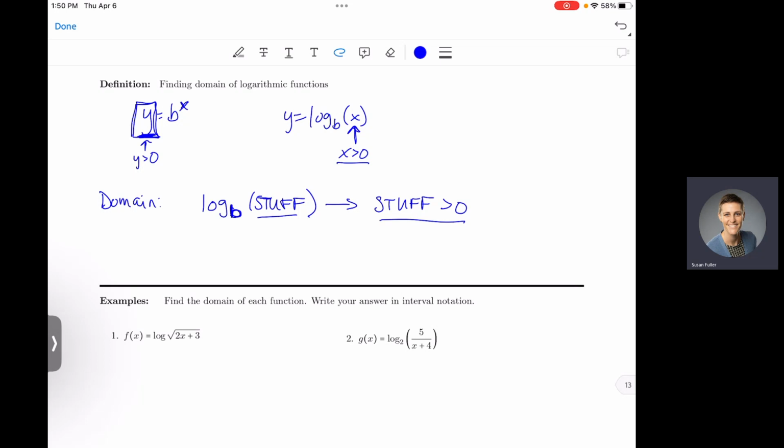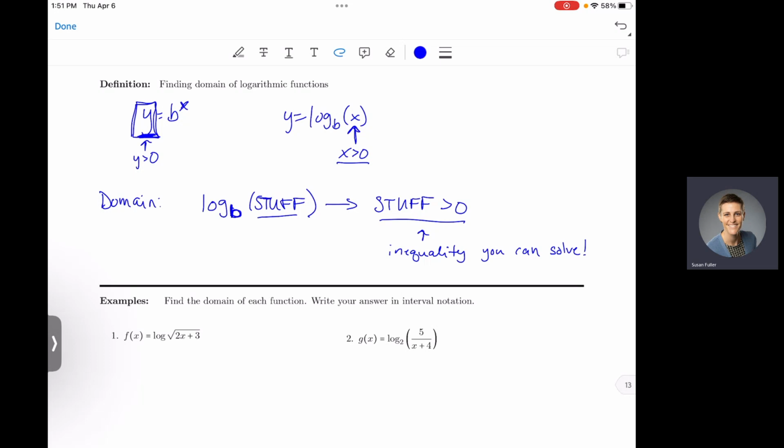And then once you set your stuff greater than 0, this is going to be an inequality that you can solve. We've covered a lot of different inequalities so far this term. We've done linear inequalities, quadratic inequalities, polynomial inequalities, and rational inequalities. We've done all of those.